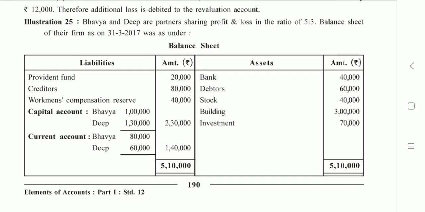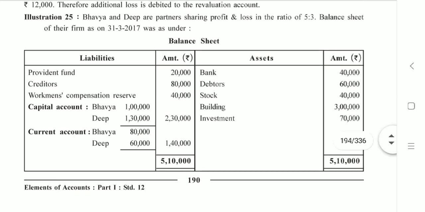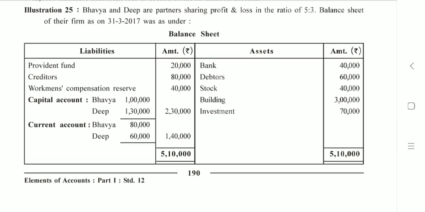Then find out the sacrificing ratio, the most important point of this chapter or this sum, I can say. In chapter 5, which is admission of a partner, whenever you are solving a long sum, you will definitely need sacrificing ratio of partners. How do we obtain this? It is very simple. Old share minus new share.